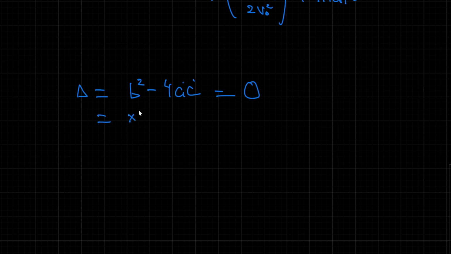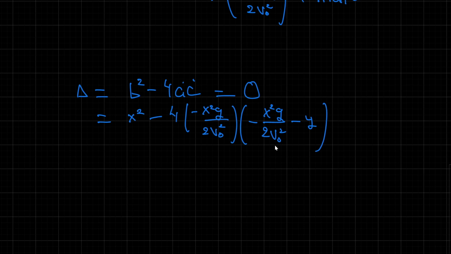So this equals x squared minus 4 times x squared g over 2v0 squared, and the c is actually when you move the y to the other side, so that makes this like this, and can make this x to the power of 4 over v0 squared, and for the y can write it as 2x squared g and y.